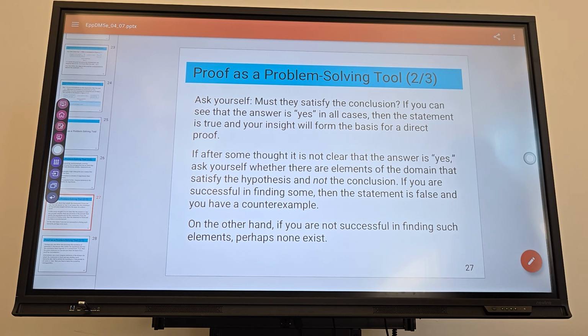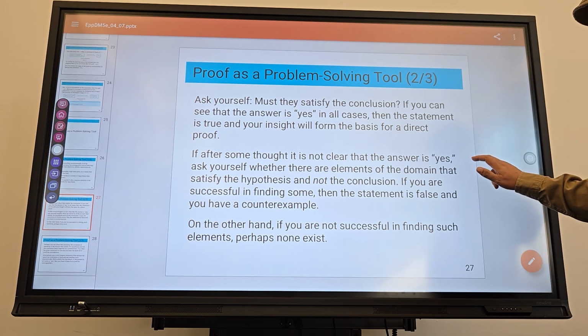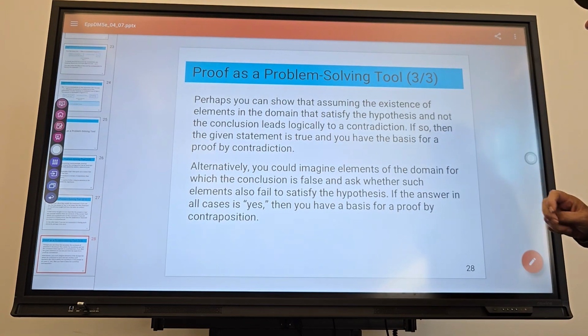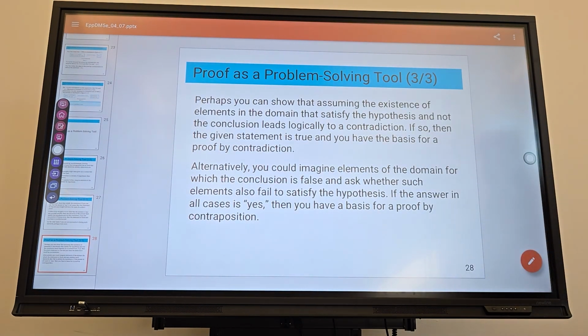On the other hand, if you find you're not successful finding such elements, perhaps none exist. Perhaps you can show that assuming the existence of elements in the domain that satisfy the hypothesis and not the conclusion leads logically to a contradiction. If so, then the given statement is true, and you have the basis for a proof by contradiction.